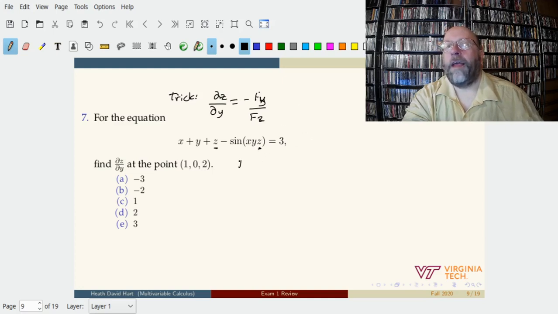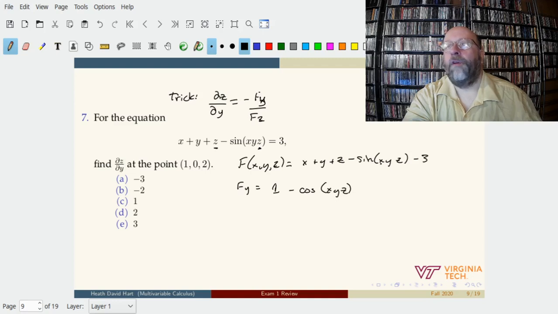And so capital F of x, y, z is what happens when we bring everything to the same side: x plus y plus z minus sine of x, y, z minus 3. The derivative with respect to y, x goes to 0, y goes to 1, z goes to 0. The derivative of negative sine is negative cosine.